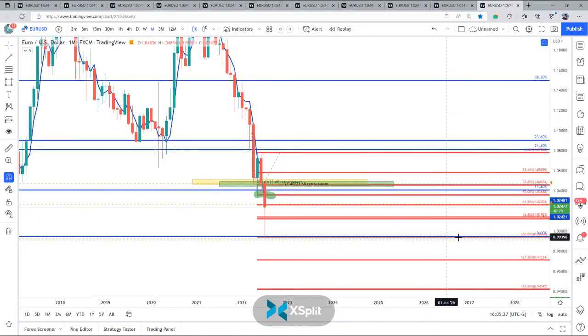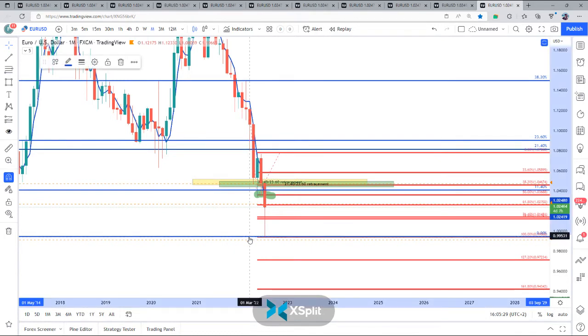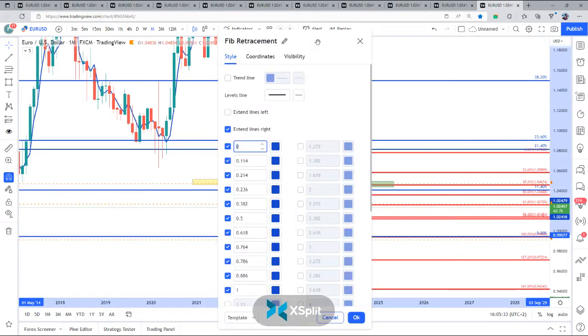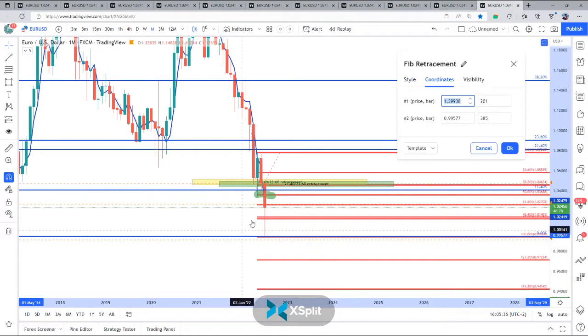So if we want to keep track of this one, let me make sure the low is okay. You take the lows, you go in coordinates, you have here the low, the high, and everything we need to have. So we look at the low of this candle. The low is 0.99521, 0.92951.